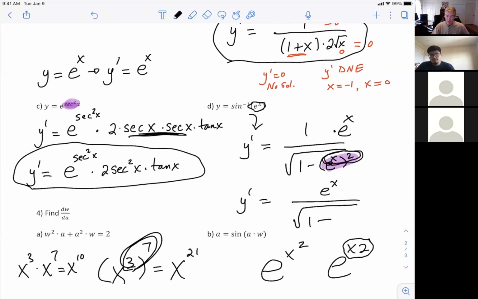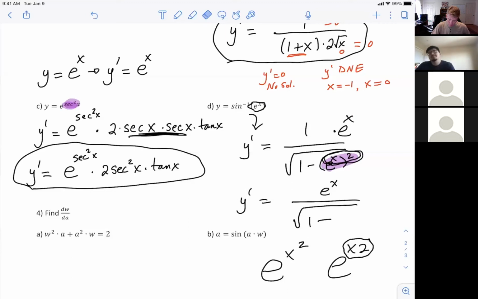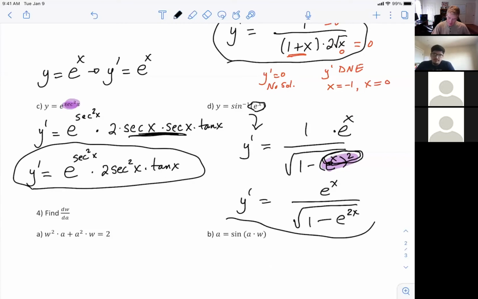So this one was correct, although we don't really usually write it as x2. We usually write it as 2x. So this would be e to the 2x. And then that one cannot be simplified anymore, so it's done.